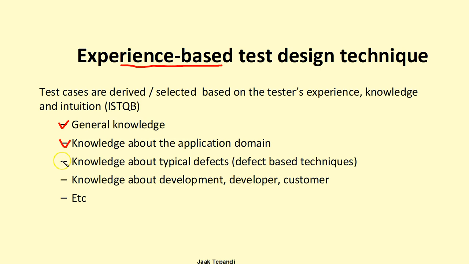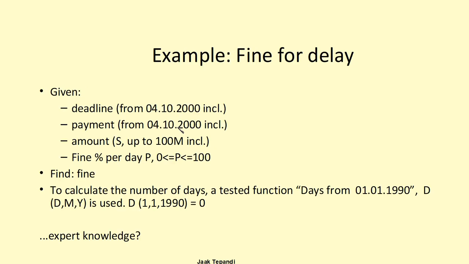We may know something about typical defects in this area or in this programming tool. We may know something about some specific developer or customer or development process, and so on.